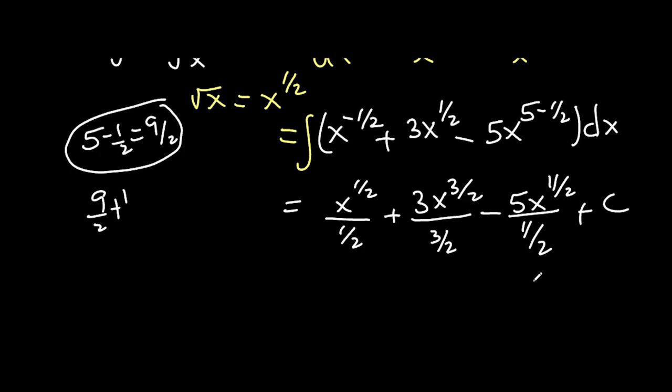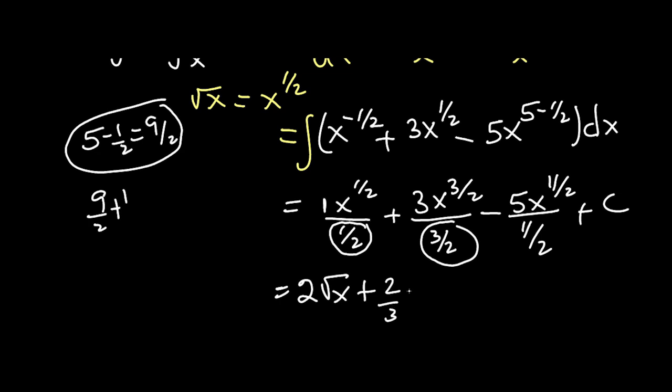So this will be equal to, I told you when you have a fraction at the denominator, it's going to flip upside down. That will be this one. For this one also, it's going to be 2 over 3 times the 3, and then x to the power 3 over 2. So this one and this one cancel.